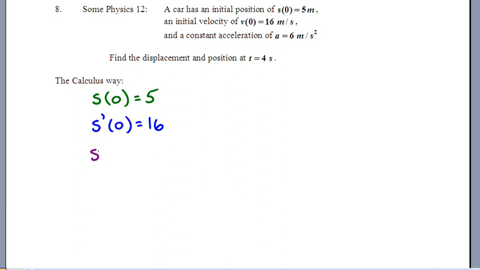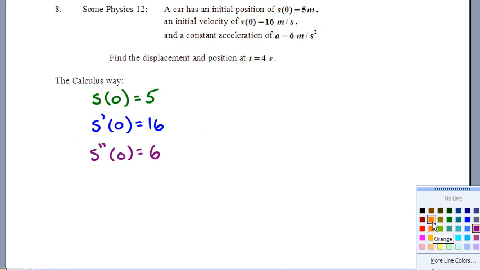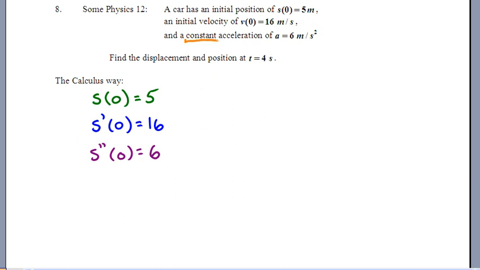Okay, let's go another derivative down the road. Let's do s double prime. What's that at your pickup point? Oh, well, they told me that the acceleration was 6. Okay, in fact, they went one step further. They said that it was a constant acceleration of 6. So if it's constantly going to be 6, then s double prime is always 6, not just at time 0.